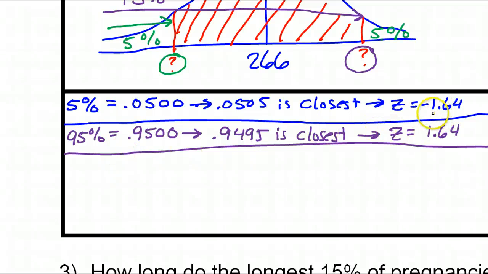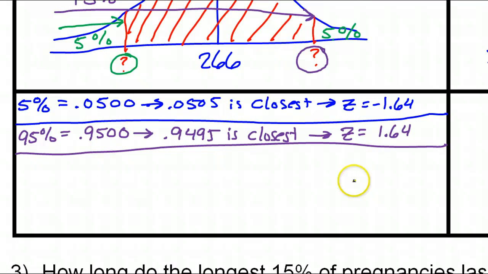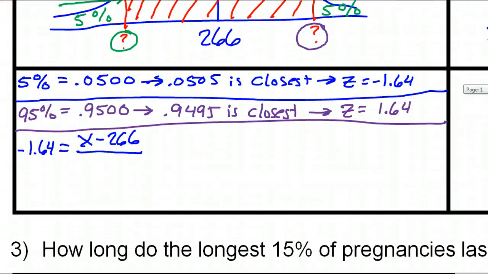So I'm using the z value of negative 1.64. Remember the z-score equation, right? Z is equal to the x value minus the mean divided by the standard deviation. So using negative 1.64, that gives us negative 1.64 is equal to the x value minus the mean, 266, over the standard deviation, which was 16.